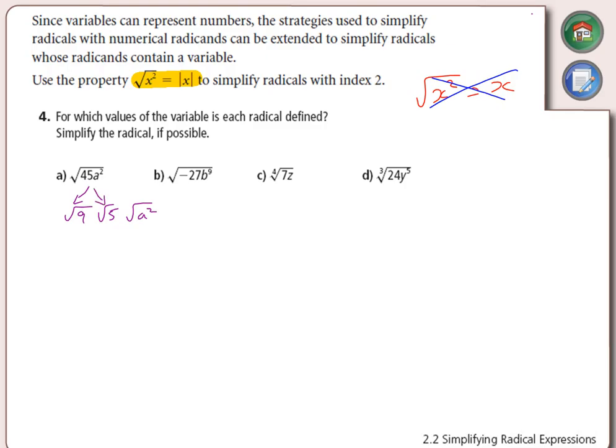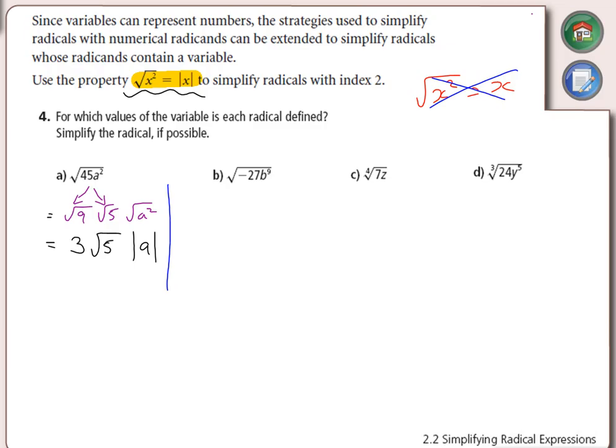Square root of 9, hey, that's a perfect square. That goes to 3. Square root of 5 stays the square root of 5. Square root of a squared, we know that it has to be the positive value of a, the absolute value of a.